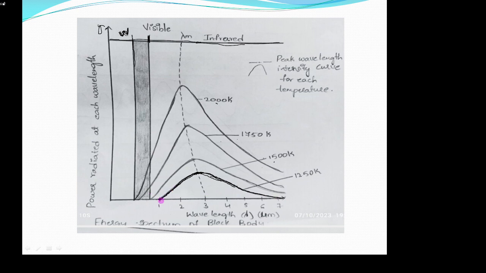So the first point is that energy is not uniformly distributed, and the next is that as wavelength increases, energy initially increases, reaches a maximum at lambda m, and later decreases.